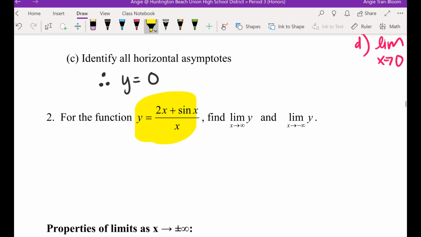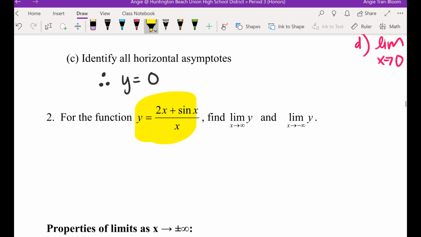Okay. What's the limit as x approaches positive infinity and negative infinity? Let's do positive infinity first. So that's the first one. Once you put it in, just go to second table. You already have a table. That's right.